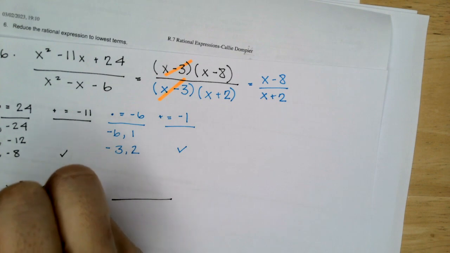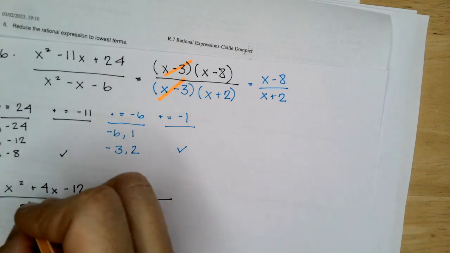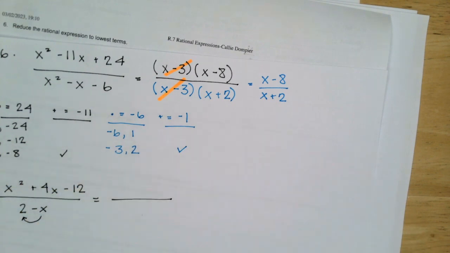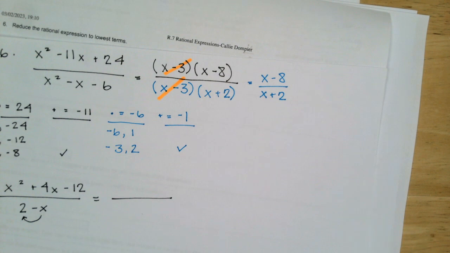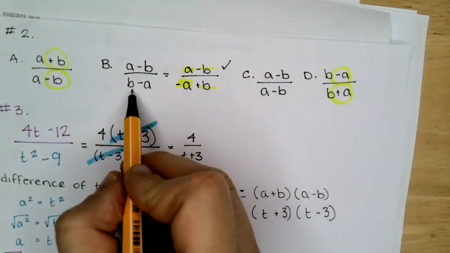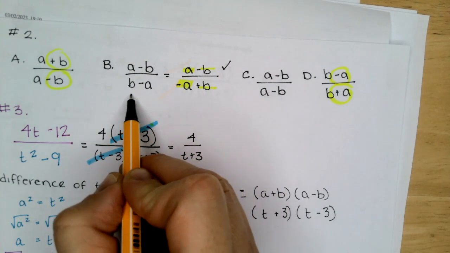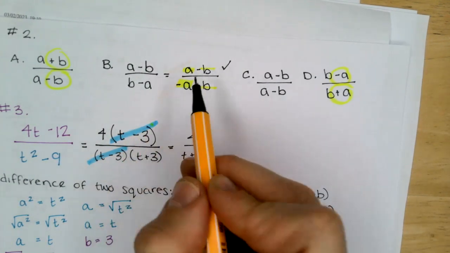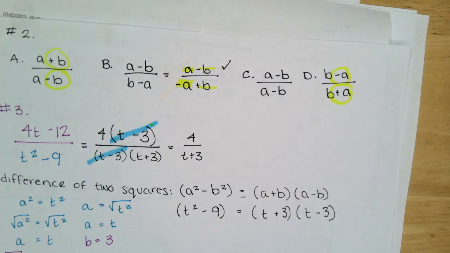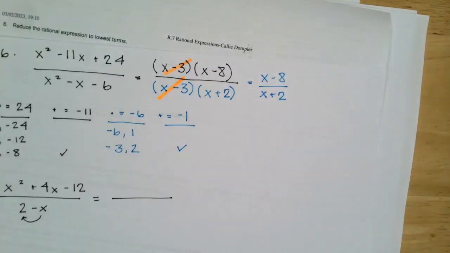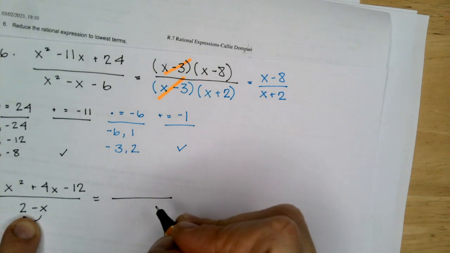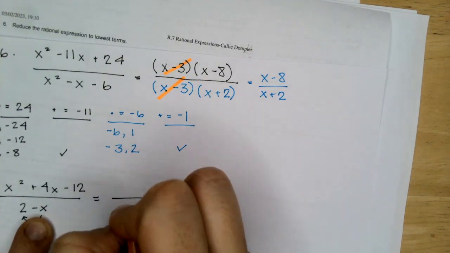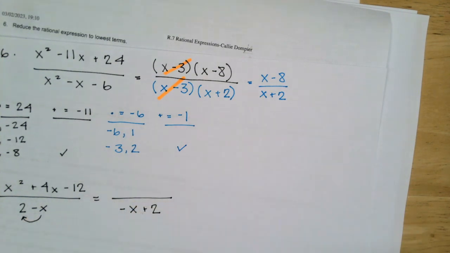I'm going to flip the order, but keep the sign, okay? 2 minus x, just like back when we had b minus a, we changed the order, but we made sure that the negative stayed with the a, okay? It can go in front, but it goes in front with its minus sign. So this is 2 minus x, so that's -x plus 2.